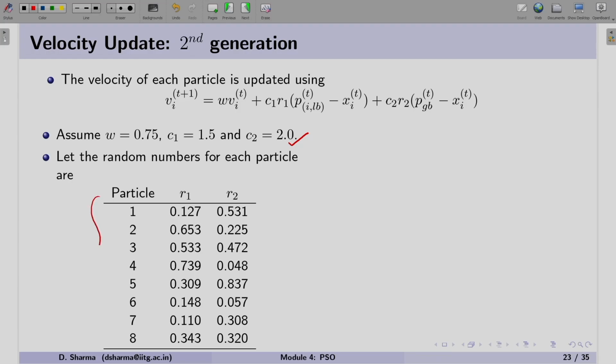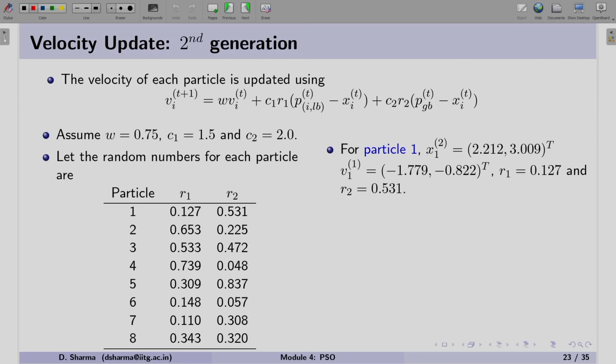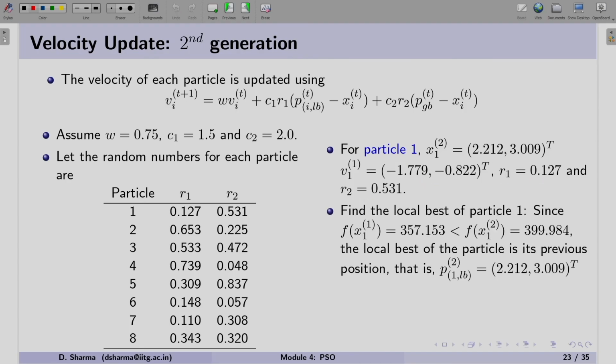We generated another set of random numbers R1 and R2 because those are needed in the cognitive part and the social part. Thereafter, we calculate the first component of the velocity for particle 1. As you can see on the right hand side, we have the updated position, the updated velocity, R1 and R2.